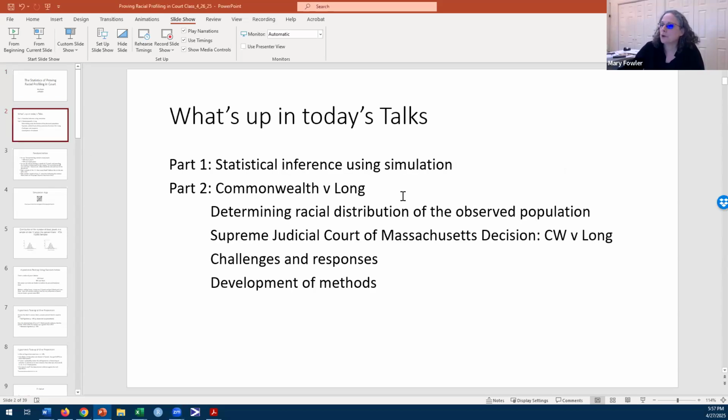I'm going to start with just some basic statistical inference using simulation. It's nice to have simulation because it doesn't have quite the level of mathematical prerequisite to understand as maybe normal theory does. That's what I usually do when I testify.